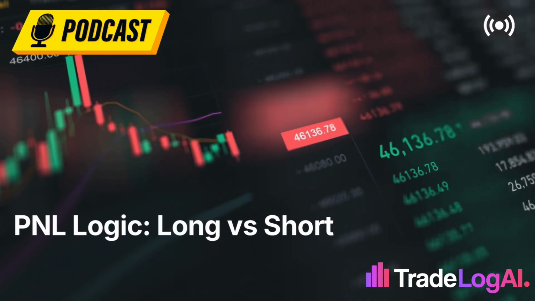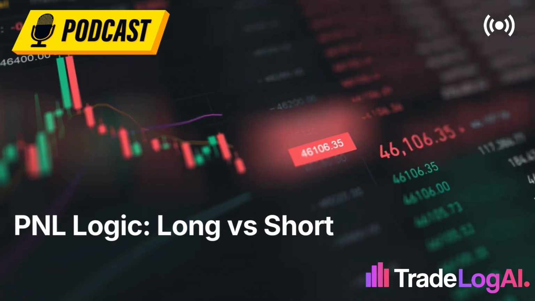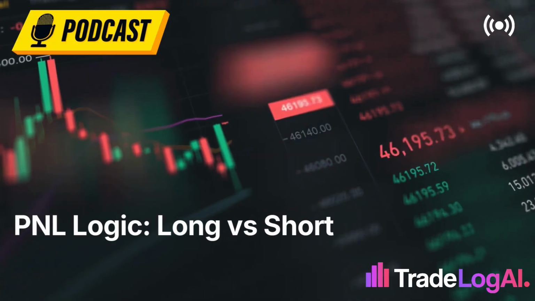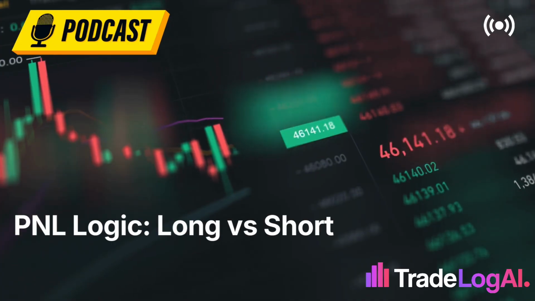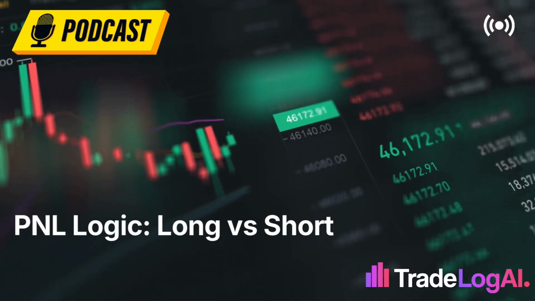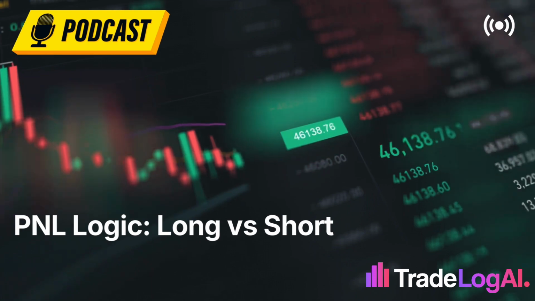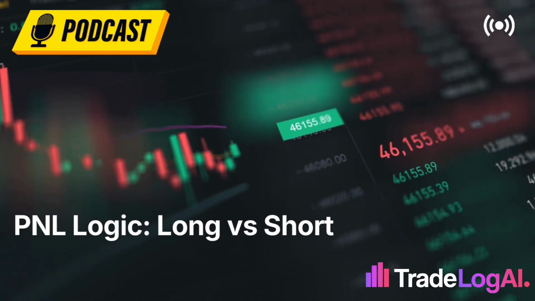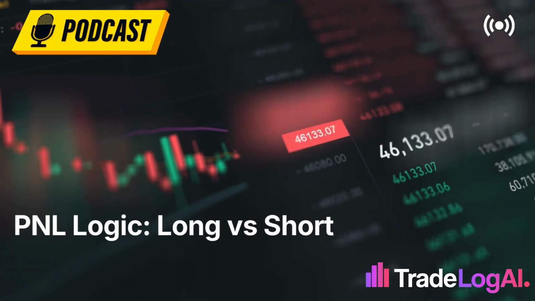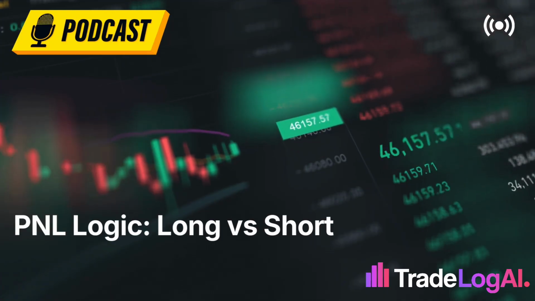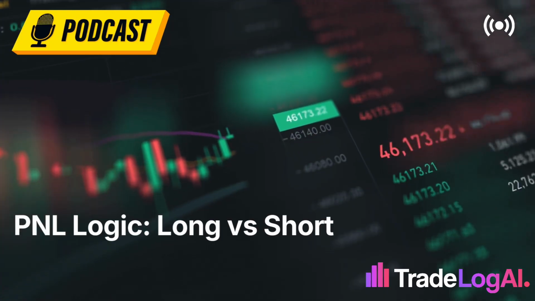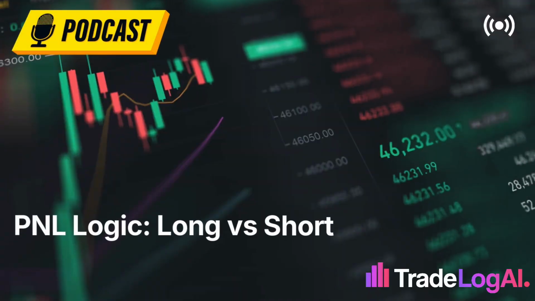Here's where it gets really interesting. We have to challenge the narrative around leverage. It's marketed as this quick path to wealth, but the sources emphasize that its fundamental purpose for sophisticated traders is actually capital efficiency. That's the key distinction. That's the difference between a speculator and a disciplined trader. Leverage allows you to achieve a desired market exposure, say $5,000 worth, while tying up less of your total capital.